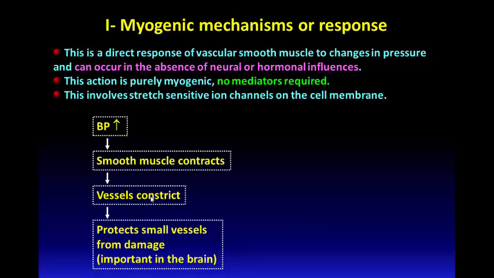The arteriolar constriction protects the small vessels from being damaged, protects the arterioles, and also maintains the blood flow through the tissue almost constant. Because remember, the basic equation of flow states that flow is equivalent to pressure divided by resistance.